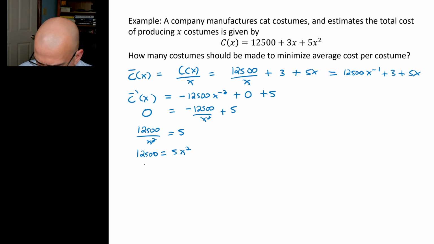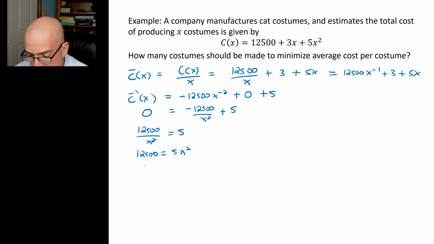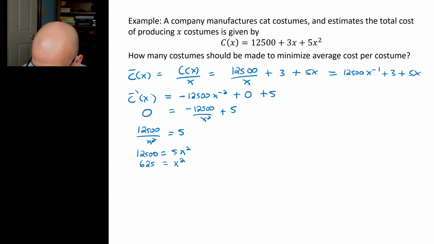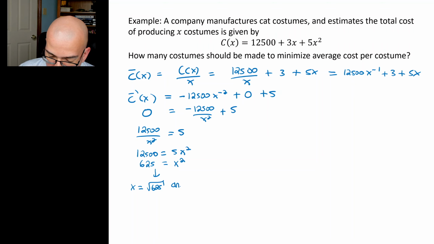That's 625. Let's see, 600, yeah, 625. And that means we're going to get two solutions. x is equal to the square root of 625 and x is equal to the negative square root of 625.